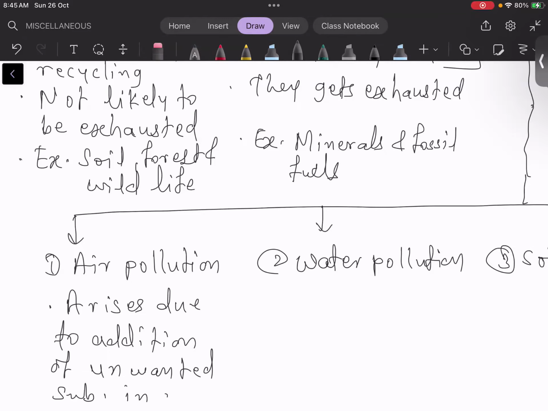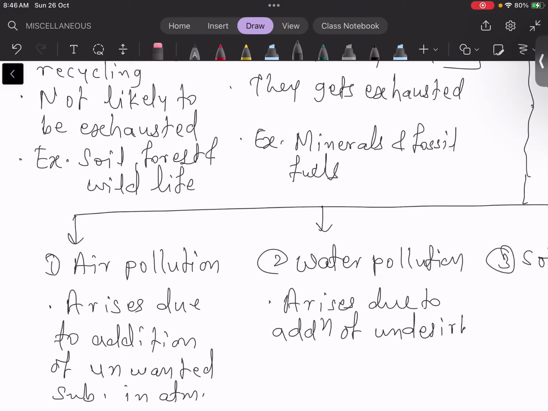Water pollution arises because of addition of undesirable substances into water bodies.